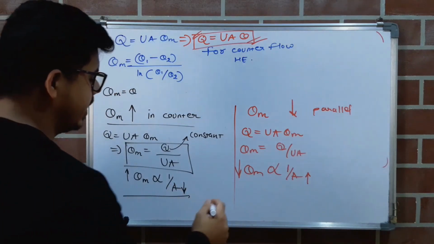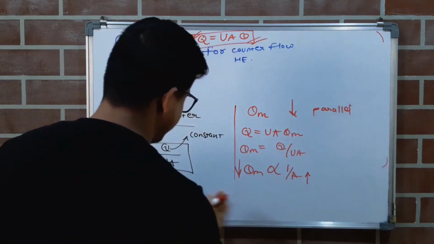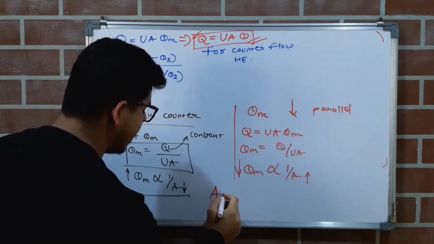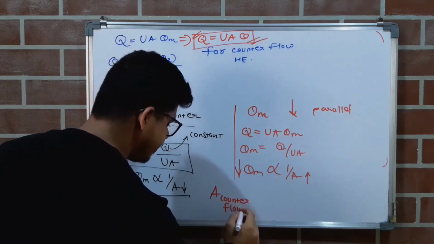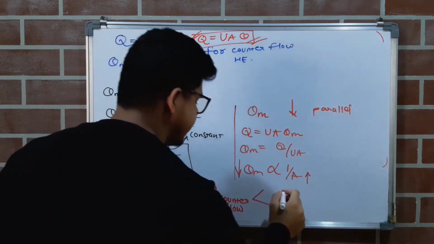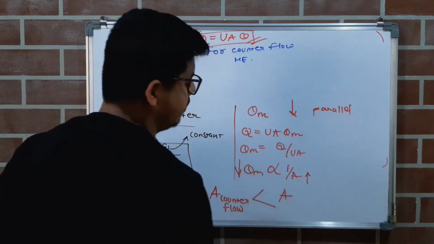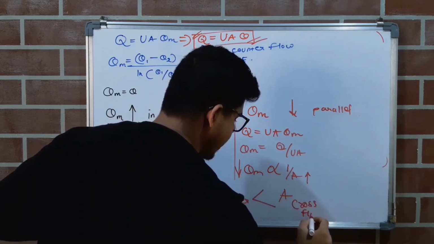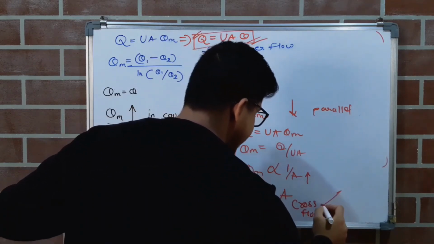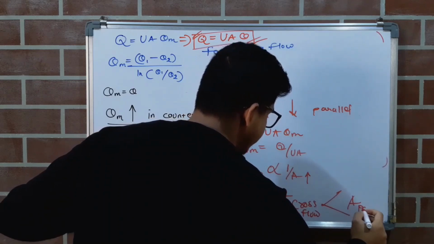So I can write the area requirement chart: the area requirement in counterflow heat exchanger will be less as compared to the area requirement in the parallel flow heat exchanger.